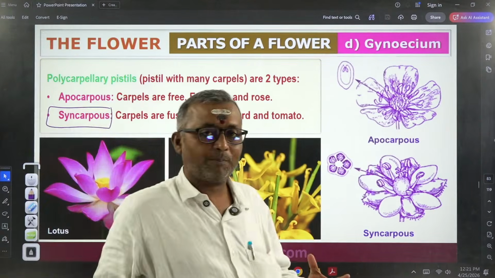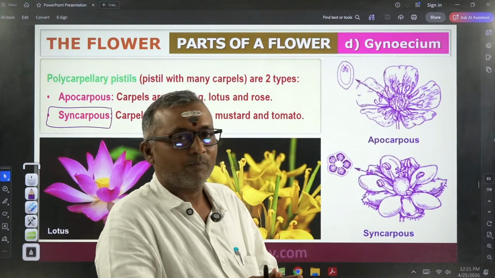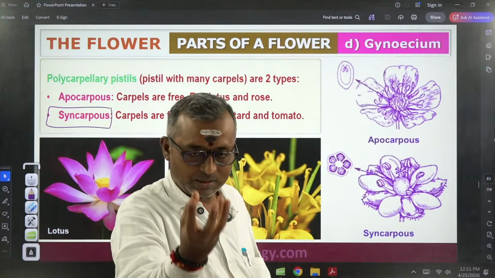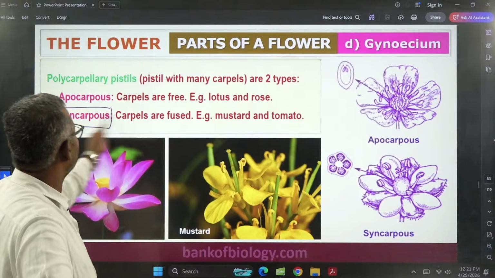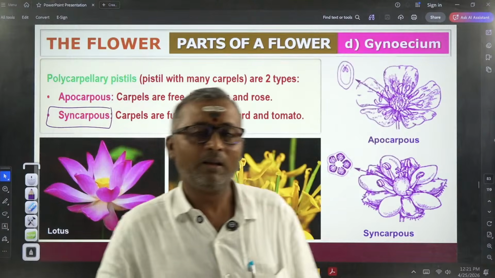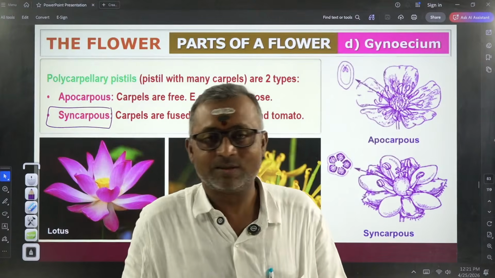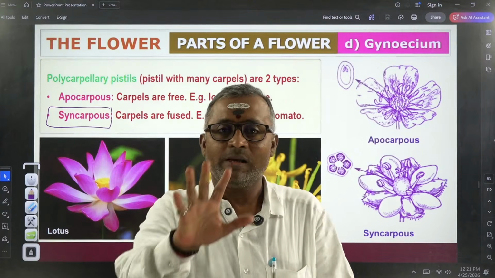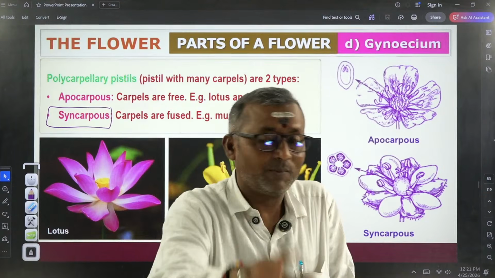So all the carpels present in a gynoecium are fused and appear like a single ovary, single style, single stigma. Then it is called syncarpous. Say for example, let me give one best example. China rose, let us take. China rose contains 5 carpels. Gynoecium contains 5 carpels.